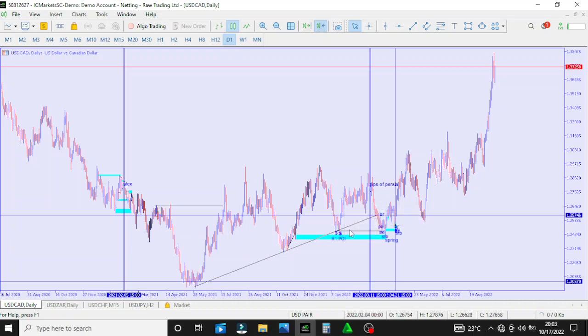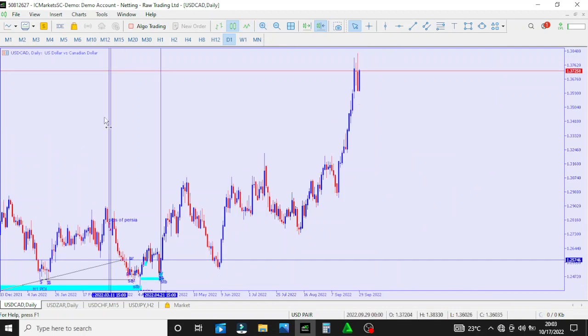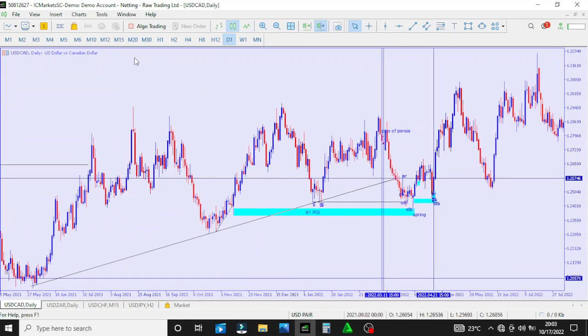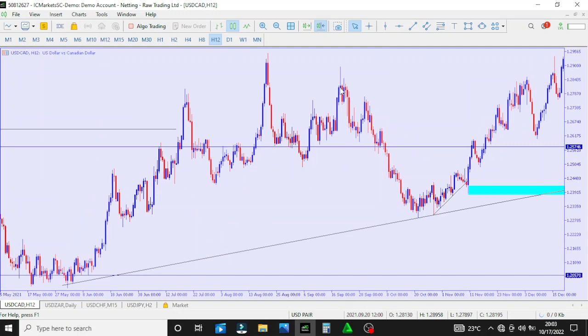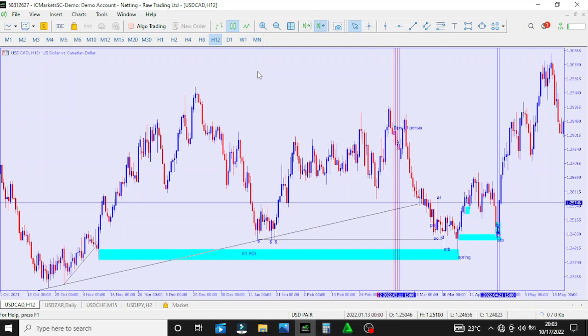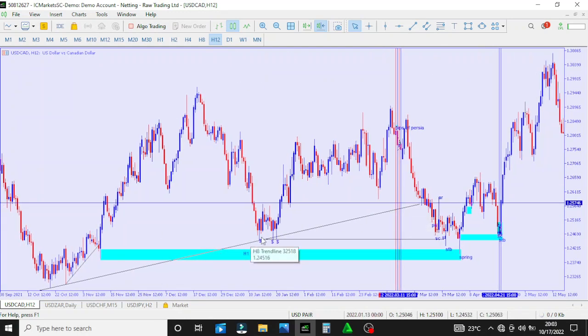And you see this trend line, let me zoom in. You see this trend line and these equal lows. The price is bullish.